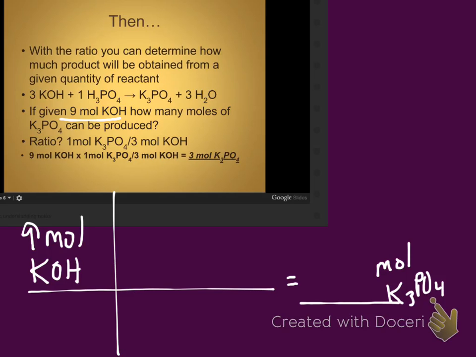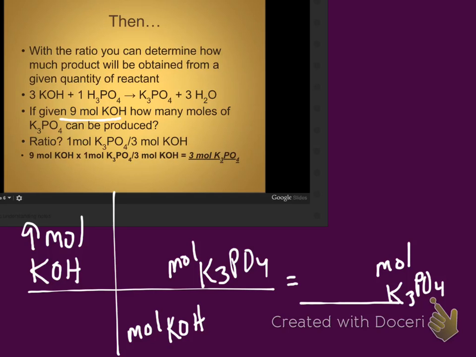So we know that the units are going to be moles and the chemical is going to be potassium hydroxide. Whatever's going in that last box on top has to be what we're ending up in. Moles of potassium phosphate. So where do we get a mole ratio?